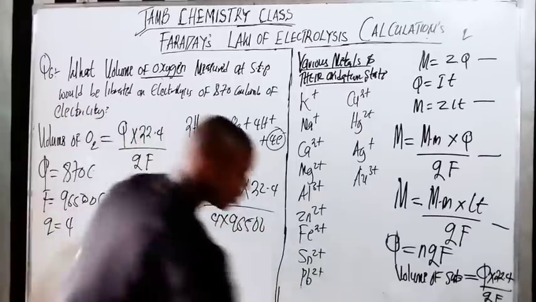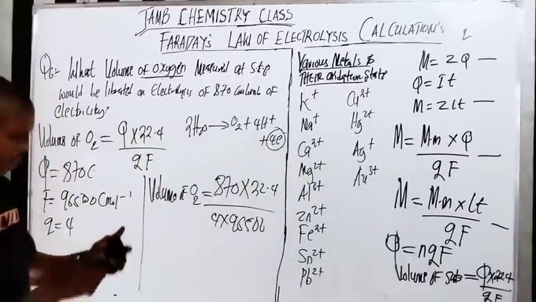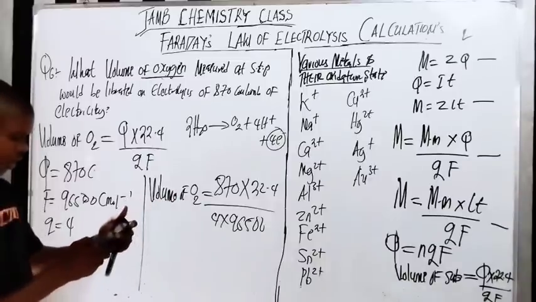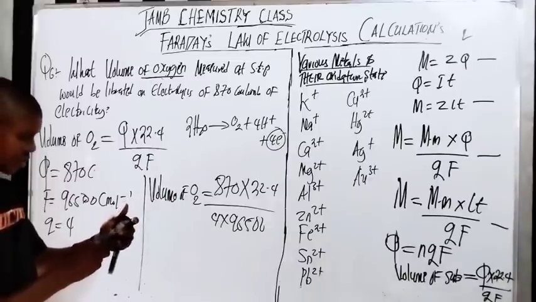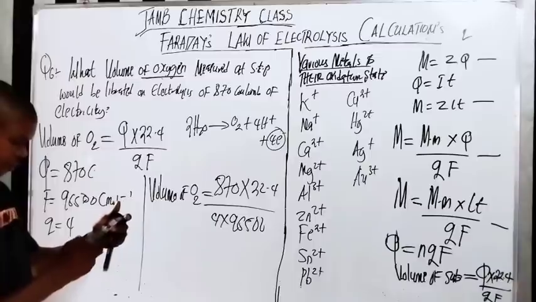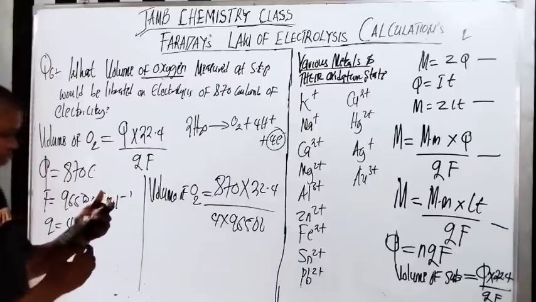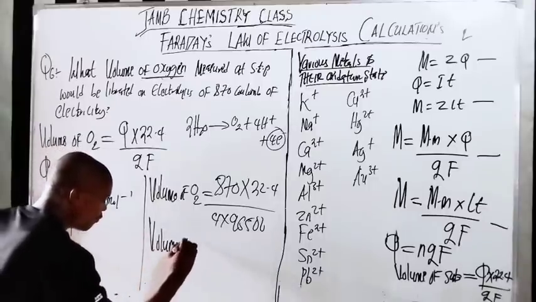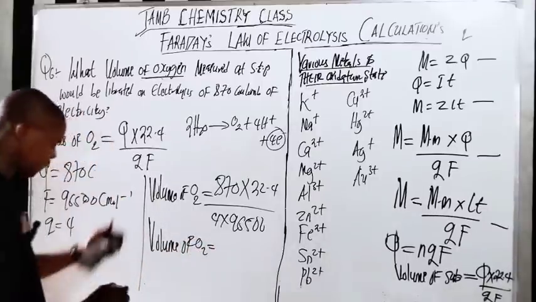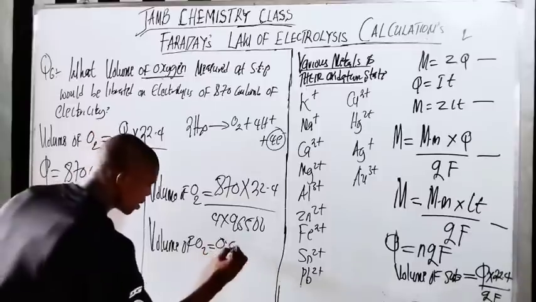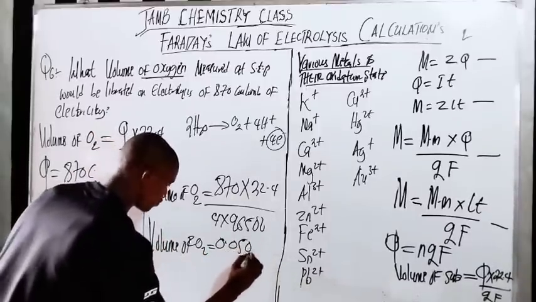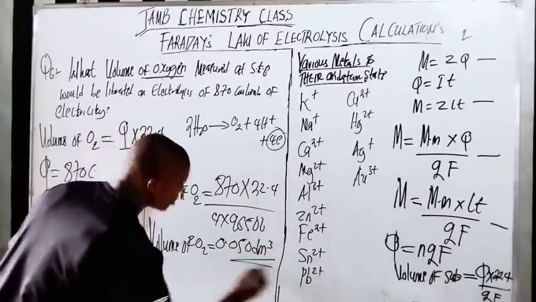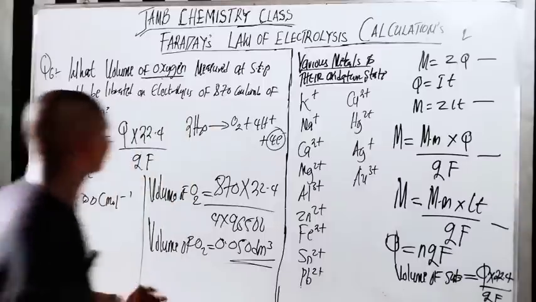Let me input our values in our calculator to get our answer. 870 times 2.4 divided by 4 times 96,500. So you have 0.05. So the volume of O2 deposited at STP is 0.050 dm³. That is the answer.